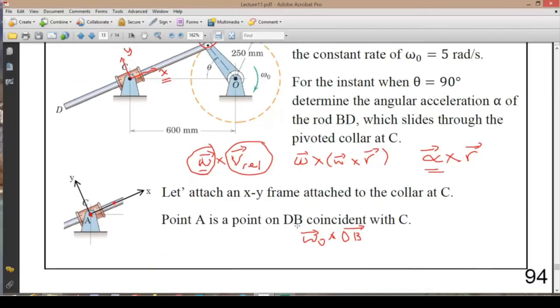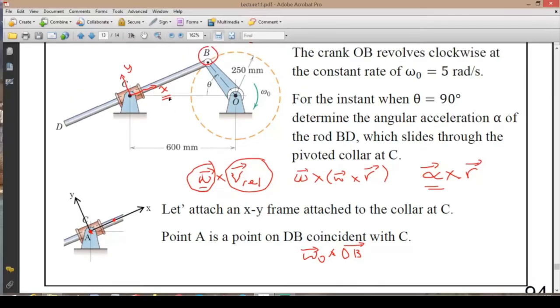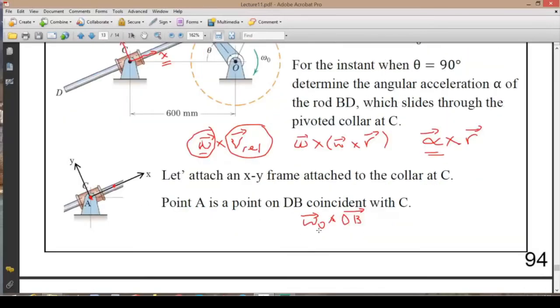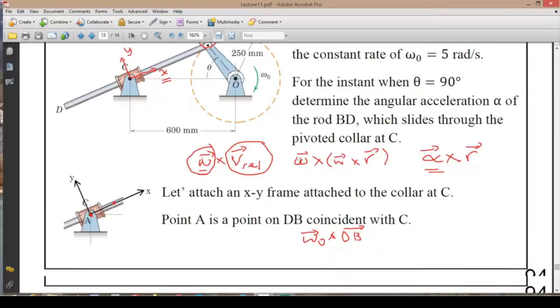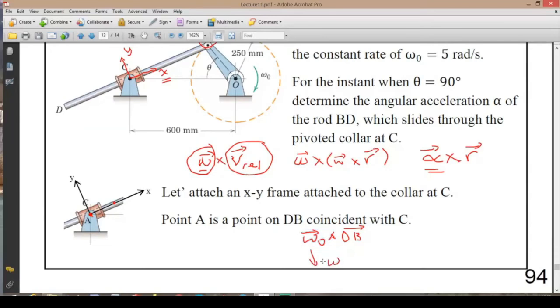So we need to obviously use the same type of notation here. Omega 0 is in the k direction, and the way that it is defined here, z is going out of the board, omega 0 is in the negative sense in that case. So if we are going to write out this equation, this is the way to write it out. Negative omega 0 k. Okay.